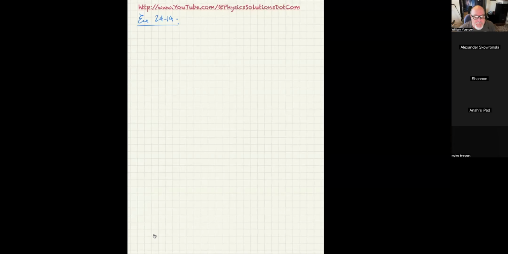The battery is then disconnected and a dielectric sheet K equals 3.50 of the same area A but thickness L equal to 1.00 millimeters is placed between the plates as shown in figure 24-18. Determine A, the initial capacitance of the air-filled capacitor. B, the charge on each plate before the dielectric is inserted.